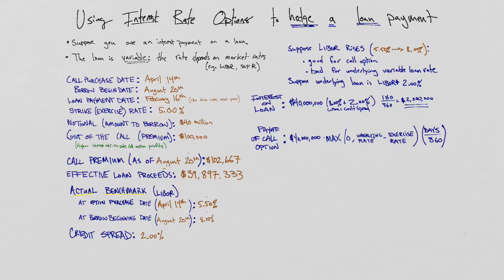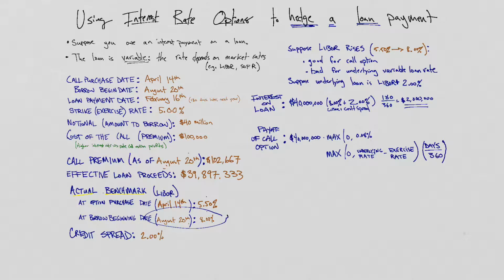And so plugging our numbers in, we have, for the payment of this option, the maximum of either 0 or the LIBOR rate of 8%, the rate at the beginning of the borrowing date, which coincides with the expiration date of this option, and the strike rate that we agreed upon when we bought the option, the 5%.